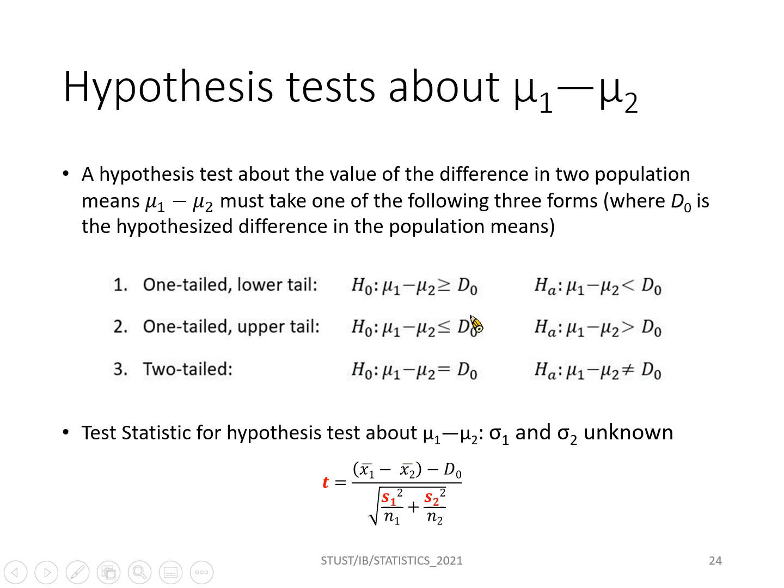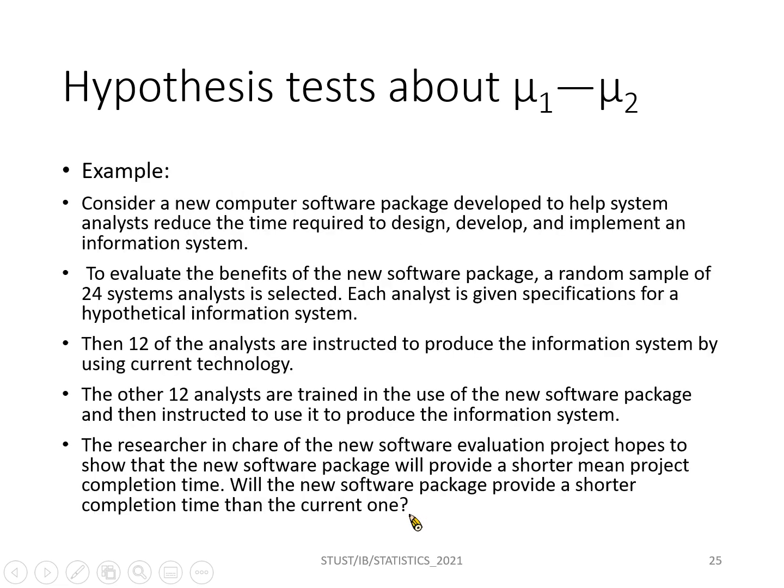Because it's a population mean unknown condition, we have to use the t-distribution, and we have to calculate the test statistic. So it will follow the t-distribution. You can check the formula for the test statistic, that is t. Such a formula.